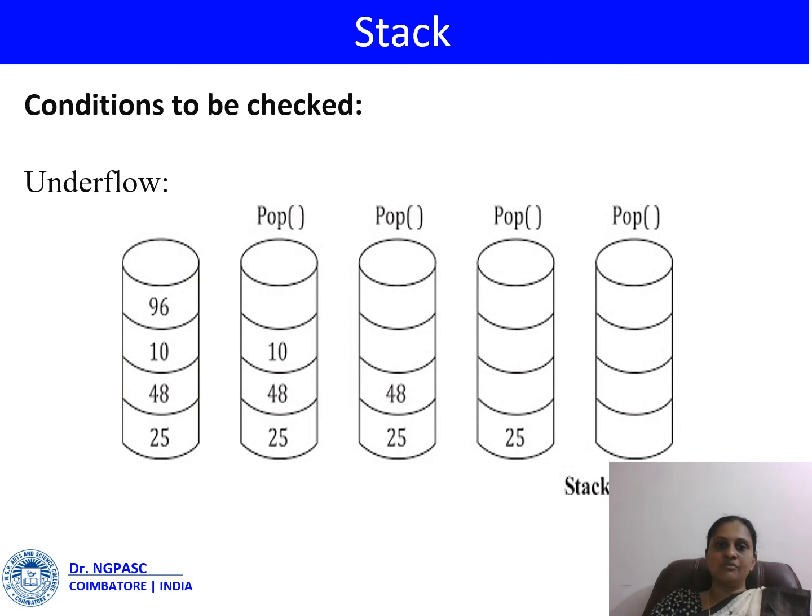The value which was inserted last is deleted first, so 96 will be deleted. Then again pop, so 10 will be deleted. Again pop, so 48 will be deleted. Finally pop, and 25 will be deleted. I have deleted all 4 values, and now my stack is empty.